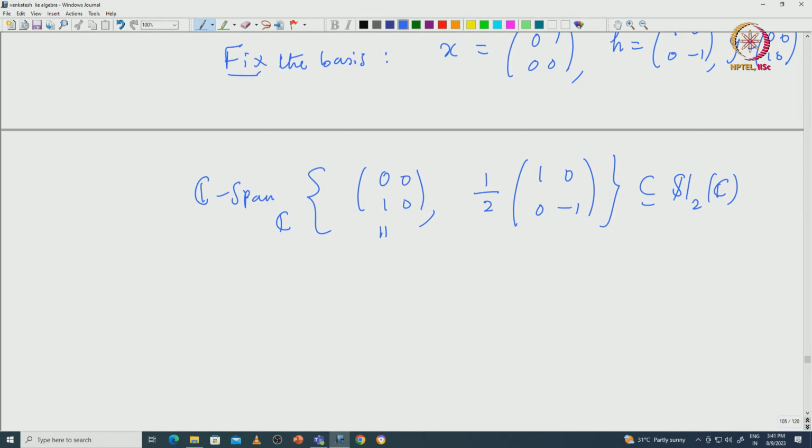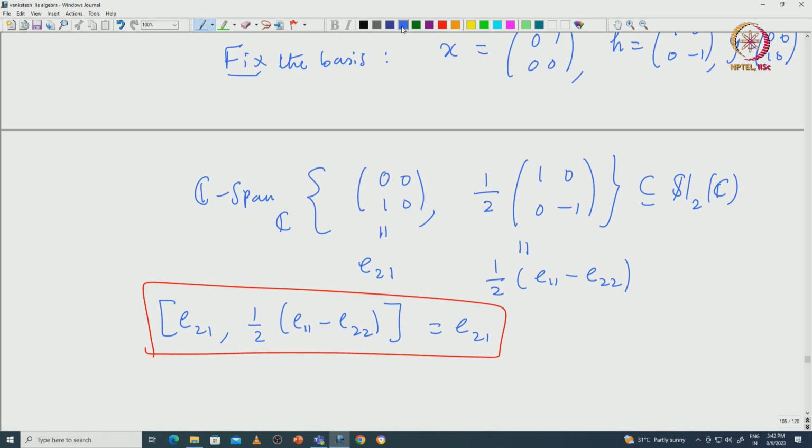How to verify this? Let us verify using the elementary matrices. The matrix 0 0 1 0 is just E21 and H is E11 minus E22. If you compute the Lie bracket of H with E21, you can see that this immediately gives E21. This is a simple check.